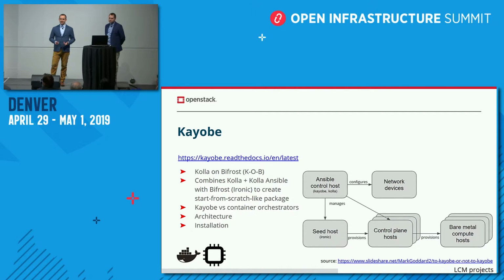So KOB complements the Kolla and Kolla Ansible projects with the capability of doing bare metal provisioning and more. I will cover it later. It allows you to deploy containerized OpenStack from scratch without the need for stitching together external tools for provisioning.